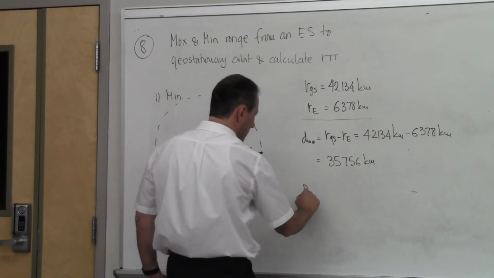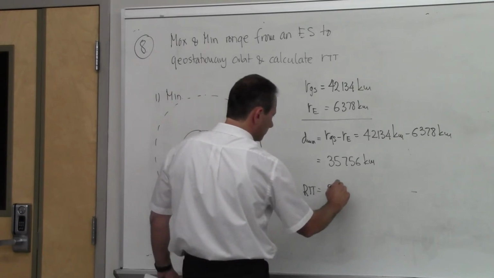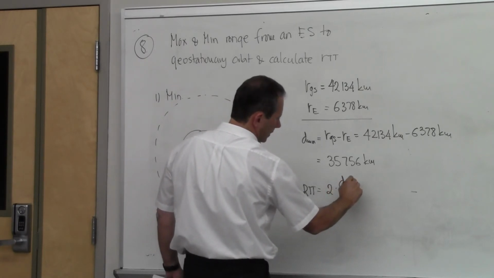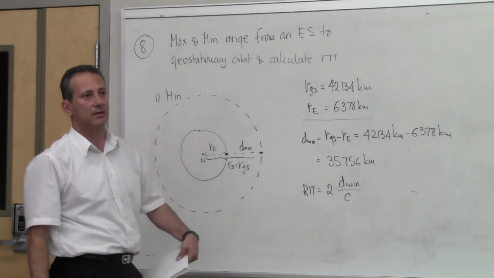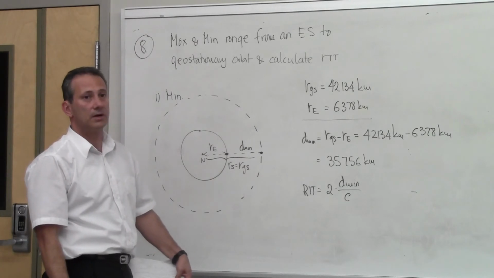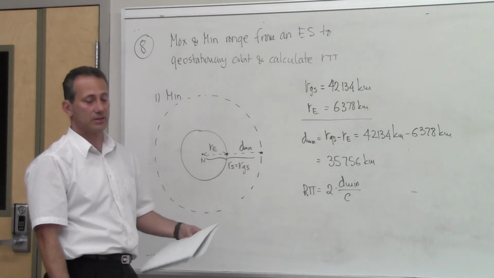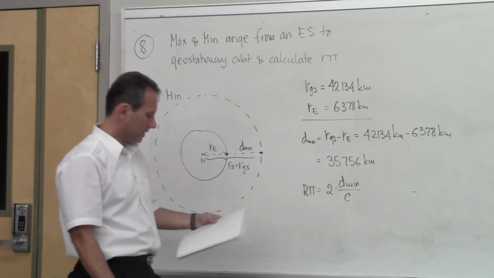And then round trip time here becomes 2 times the minimum distance divided by the speed of light, right? Because you need to go to the satellite and come back, and the radio waves travel at the speed of light. So this gives us the minimum round trip time that we can experience in satellite communication when talking to a geostationary satellite.